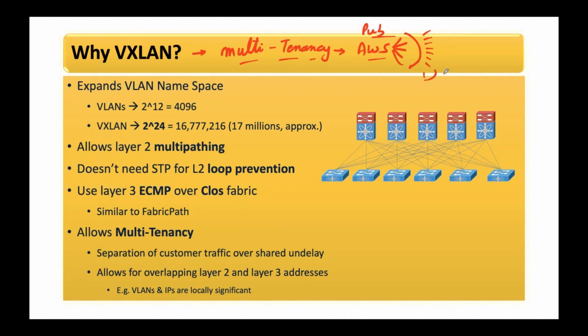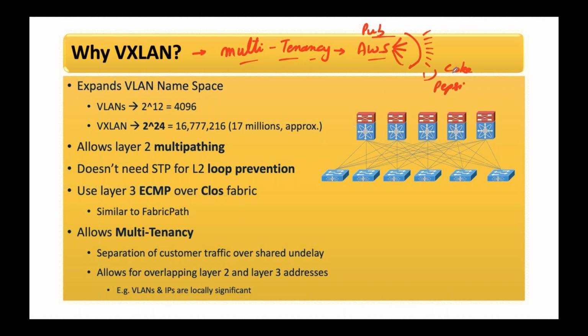All competitive customers can come to AWS, for example Coke and Pepsi, who are competitors. They will use the same devices, but there will be no communication leakage between them. How is this possible?